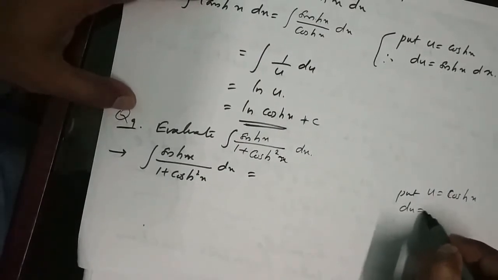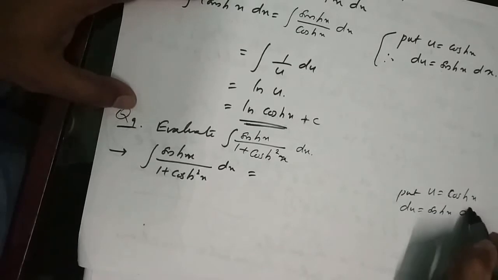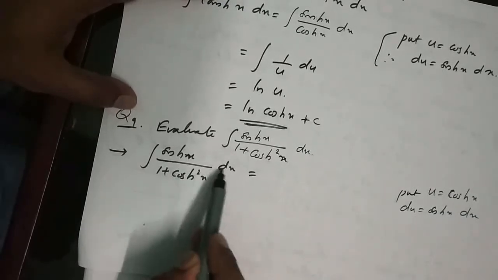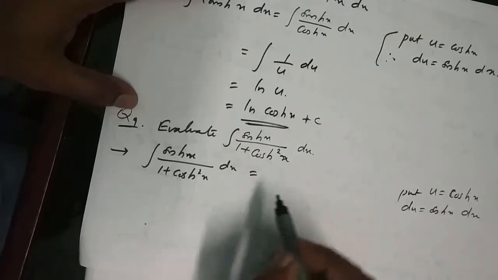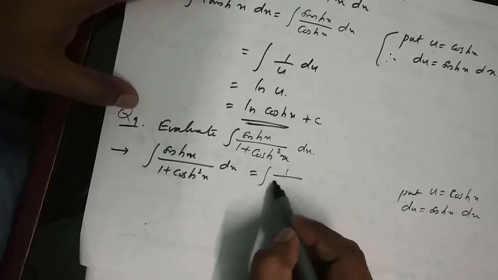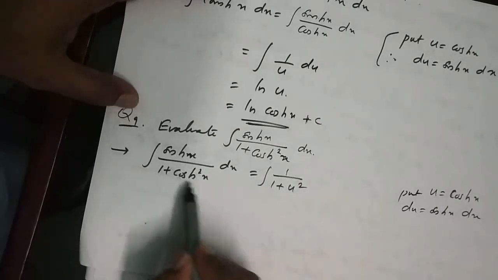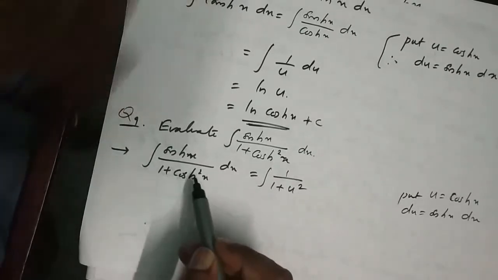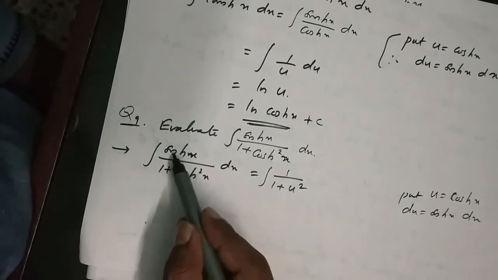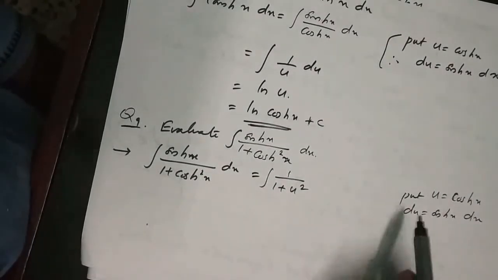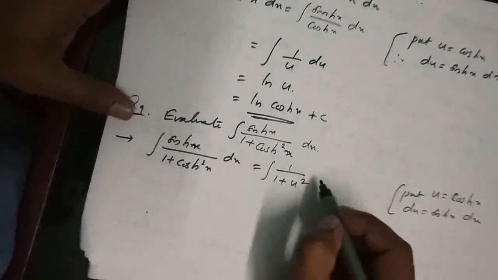So du equal to sinh x dx. So we can replace sinh x dx by du and cosh square x by u square. So this will be the integral of 1 by 1 plus u square, and sinh x dx will be du.